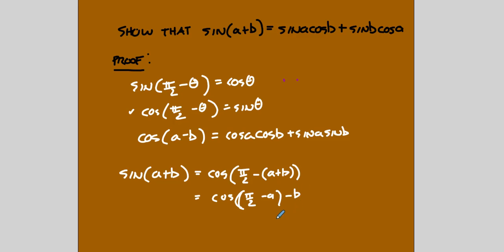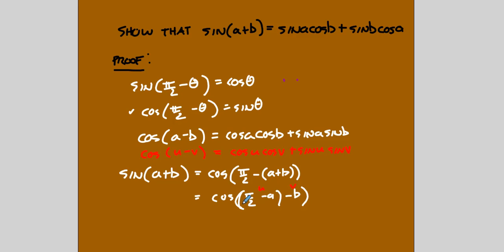I'm going to rewrite this because I don't want too much confusion on what letter is what. This could be written as cosine of u minus v equals cosine of u cosine of v plus sine of u sine of v.